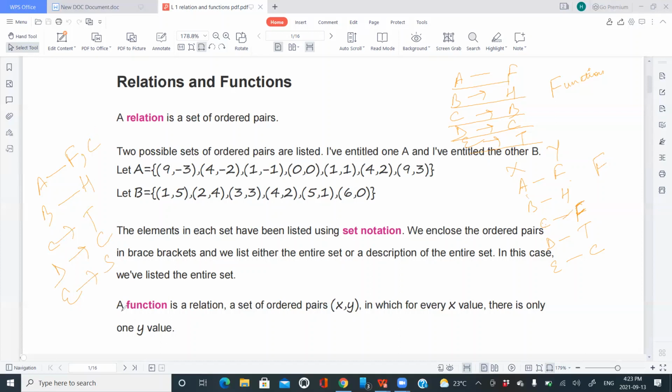So this is not an example of a function, because one input from the x values has two outputs, right? Okay. So this is a relation, yes, but it is not a function. So this is the difference between relation and function. A relation is any connection, but to be a function there should be a unique and single output. Because it had two values for y, that's why it's not a function.